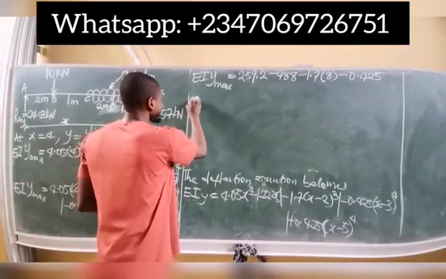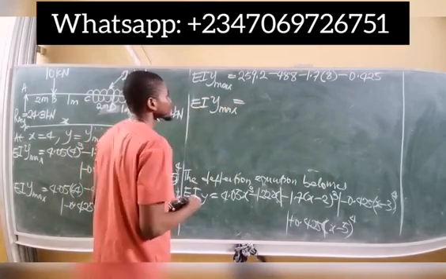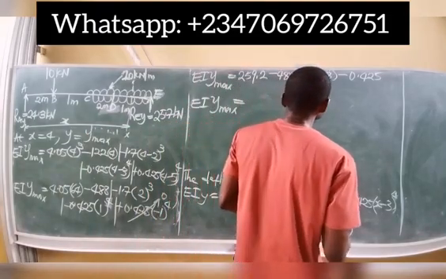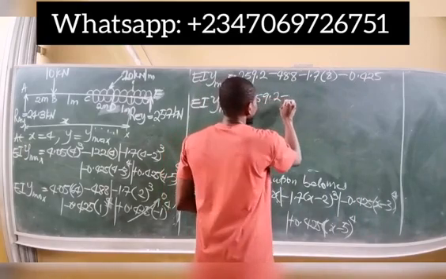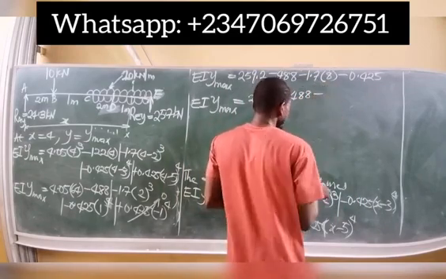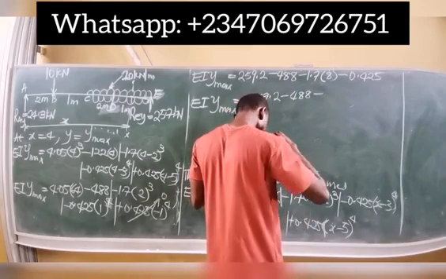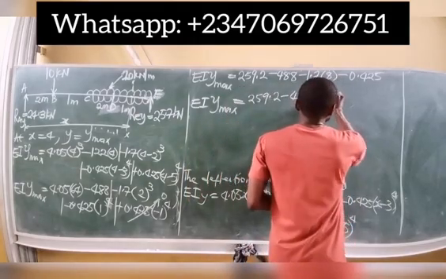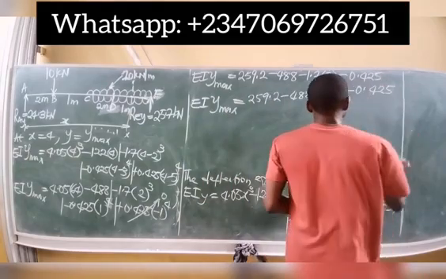So we have EI y max equals 259.2 minus 488, minus 1.7 times 8. Let's get that value. That gives us 13.6, minus 0.425.